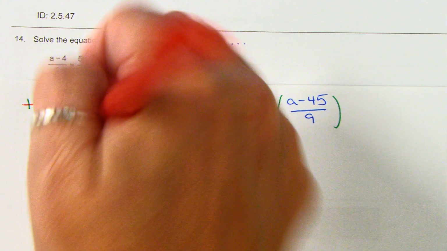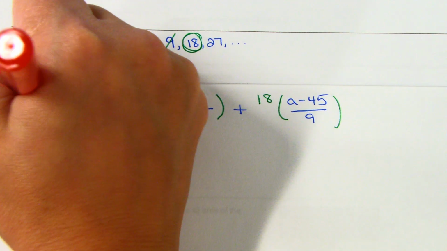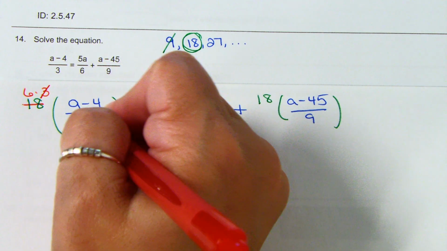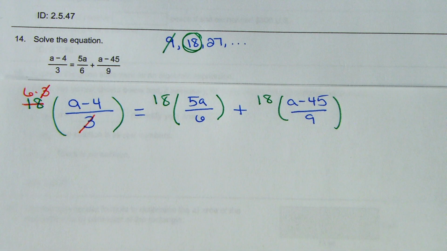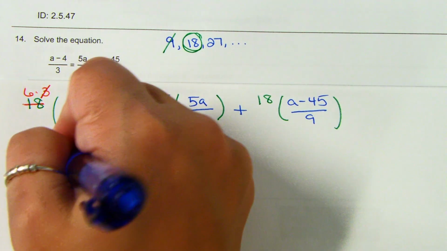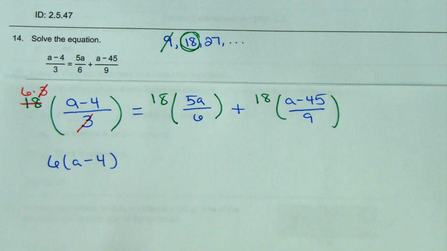This equals, and I'm going to write the 18 first on this side, 18 times the 5a over 6 plus 18 times the a minus 45 all over 9.